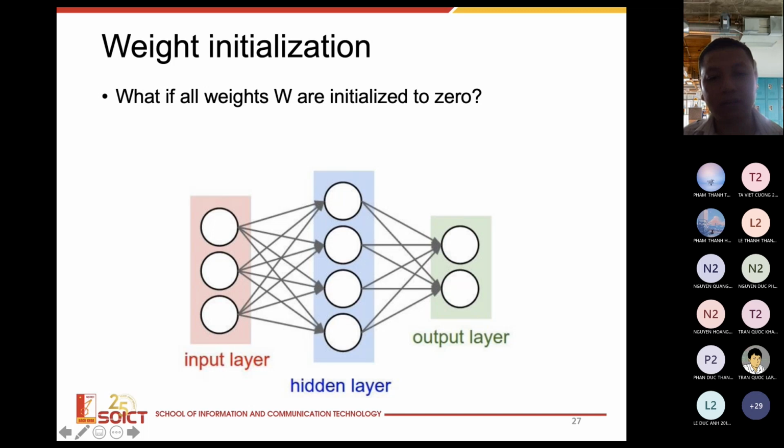Maybe I should ask one of you. Kiều Trọng Thanh, according to your view, what is the problem with this initialization?